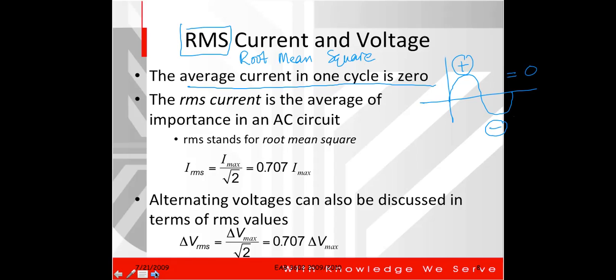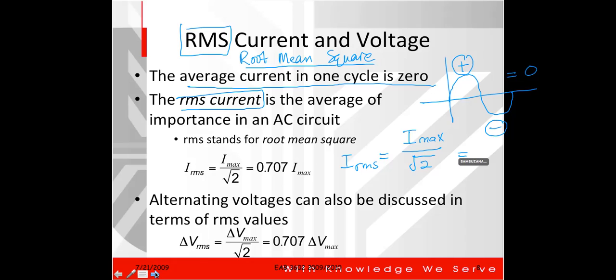Jadi that's why kita perlu ada a new calculation ataupun new representation of the average voltage dekat dalam AC punya circuit. Kita guna root mean square voltage ataupun current. Okay, let's calculate the root mean square current dulu. So the equation for RMS is I root mean square is equal to I max, which is the magnitude of the current, bahagikan dengan square root of 2.